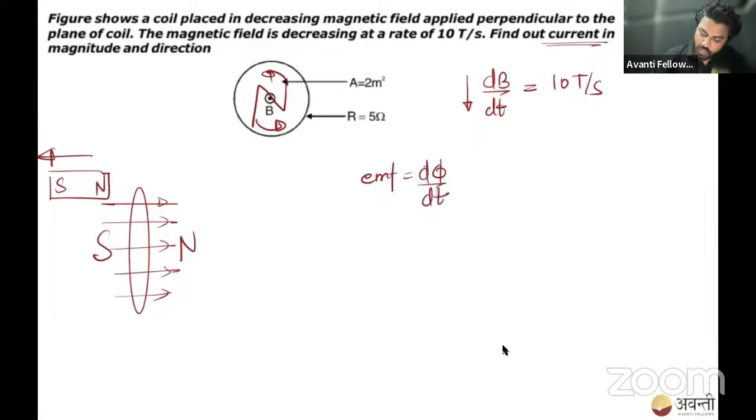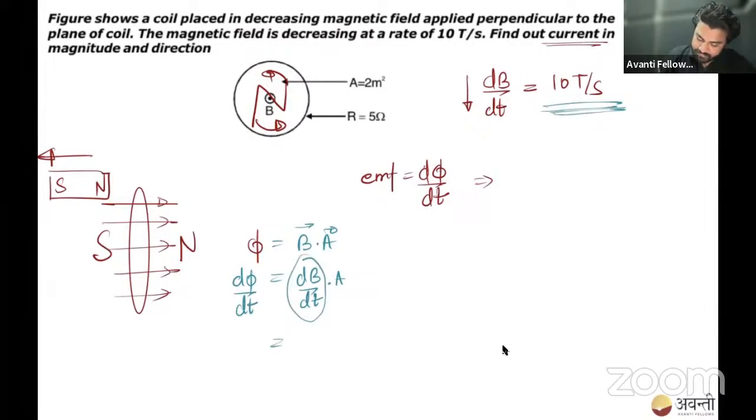Flux is equal to B dot A. Magnetic field is not given, but the rate of change of magnetic field is given, so we'll take the differentiation. d phi by dt is equal to dB by dt dot A, because the magnetic field is changing and area is constant. dB by dt is 10 Tesla per second, so 10 dot A.